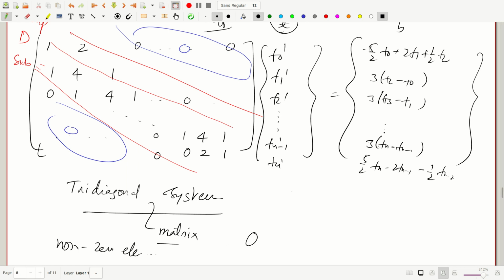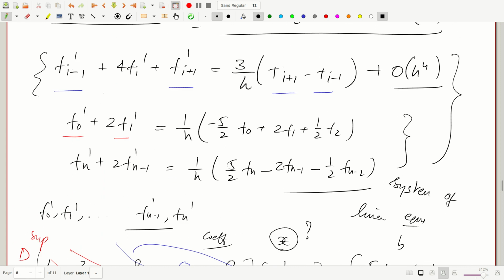There are special methods available to solve this, but it turns out the special method is not going to be of much use when you try to parallelize this, because you have a dependency on fi plus 1 and fi minus 1 to calculate fi prime, which you can clearly see here.